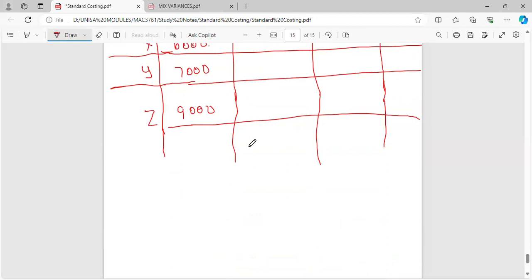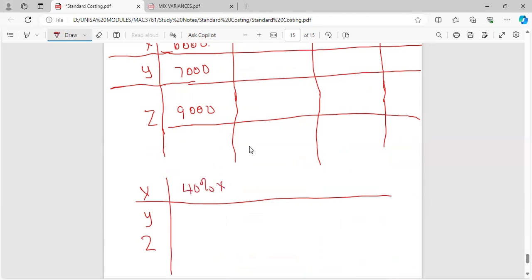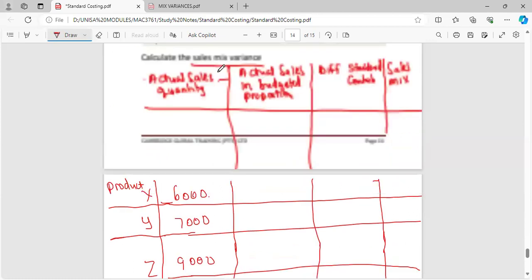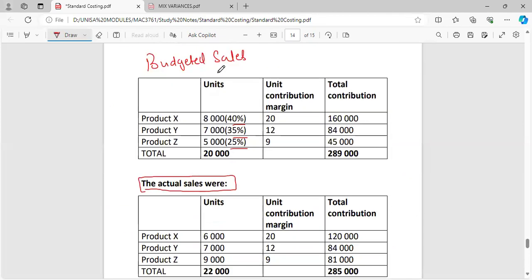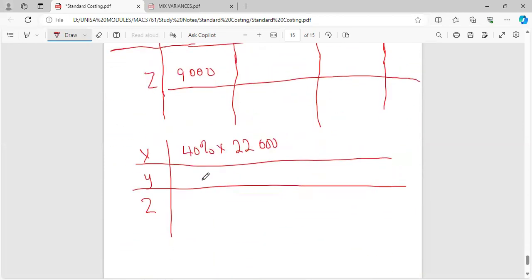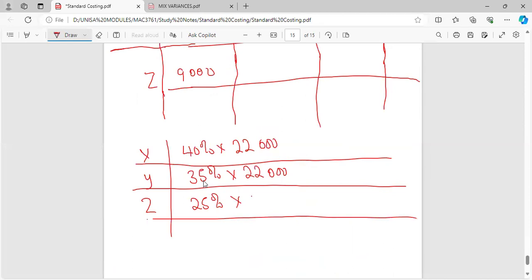So let's do a separate calculation for products X, Y, Z. Product X is going to have 40% times 22,000, product Y is going to have 35% times 22,000, and product Z is going to have 25% times 22,000.